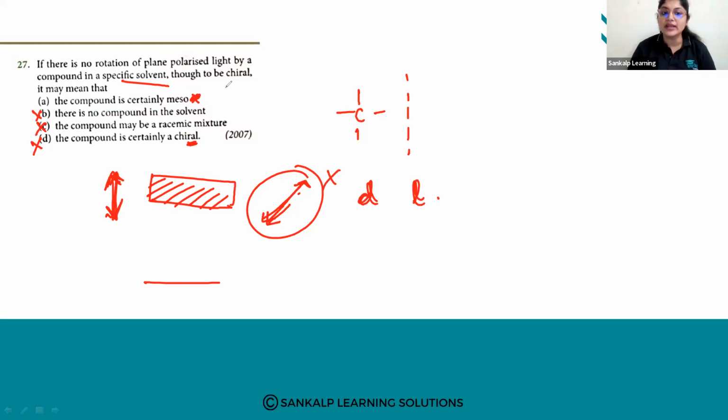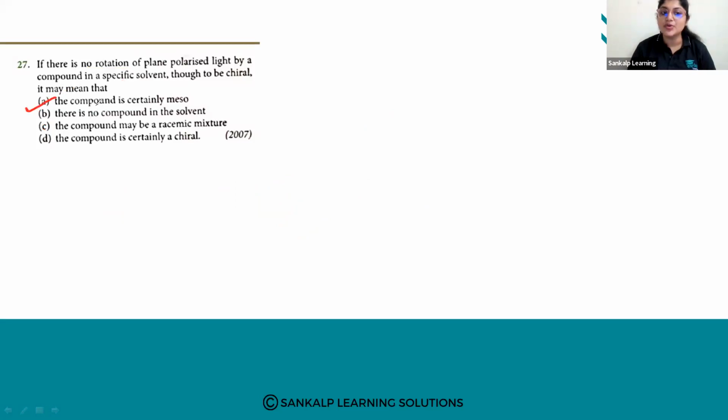Even though it contains chiral centers, there will be no rotation. So option A is right. Whenever you pass plane polarized light through a meso compound, there will be no rotation. So option A is the right answer.